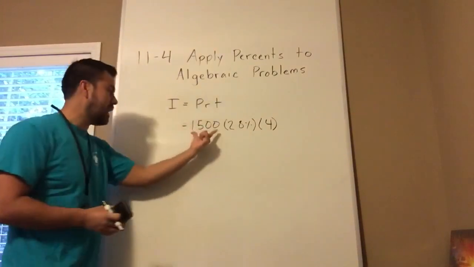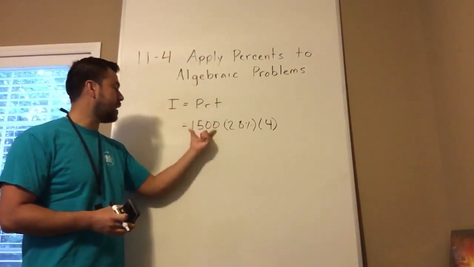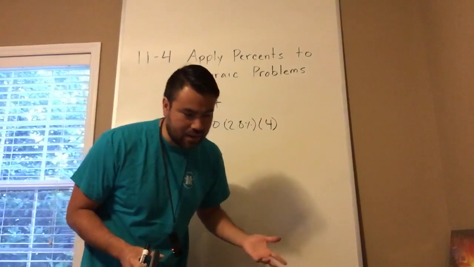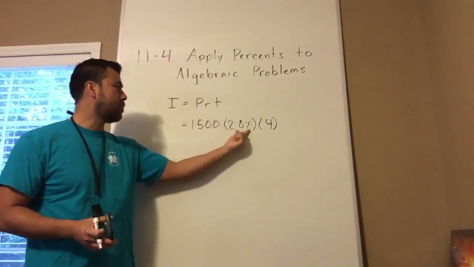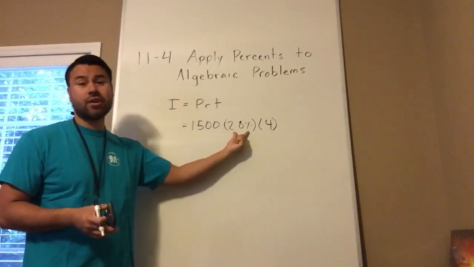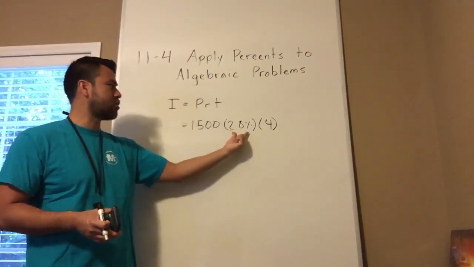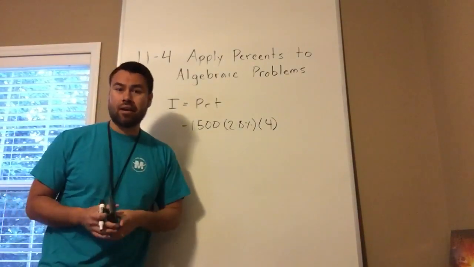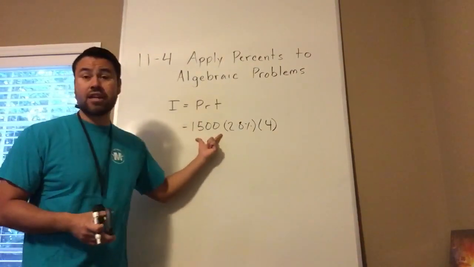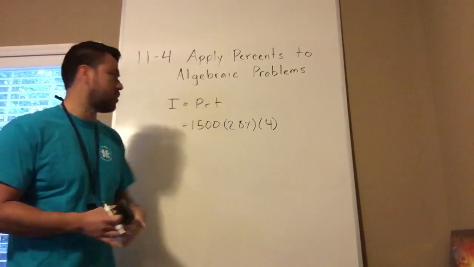I think this is more like a savings account. If I put in $1,500 and I get 2.8% back, a very good savings account, maybe like a treasury loan, for 4 years, how much money did I make? I'm going to get $1,500 back, but how much extra did I make?